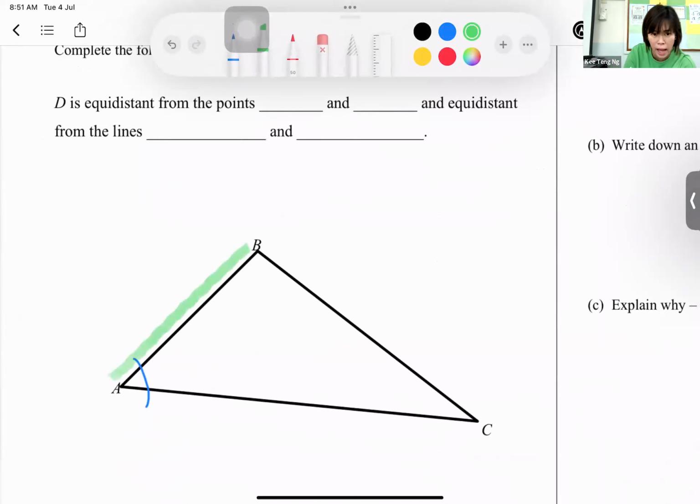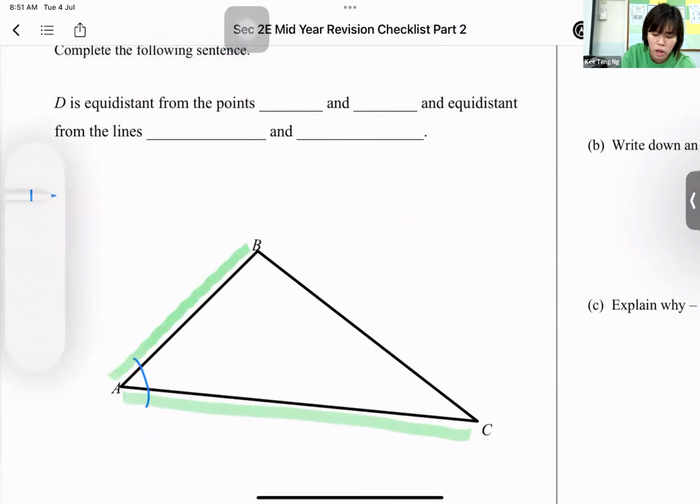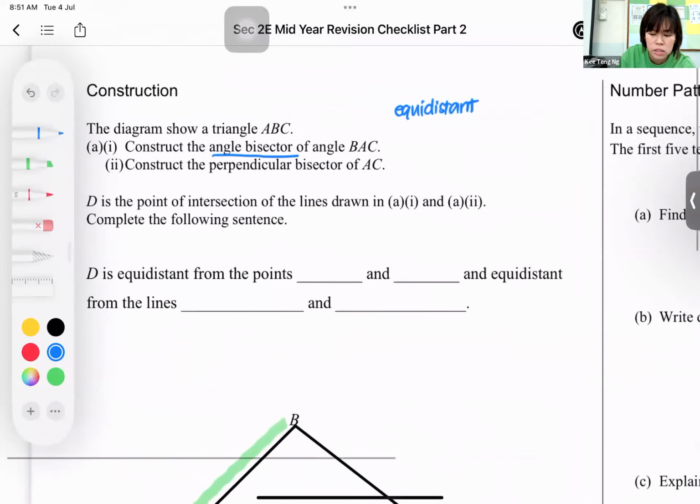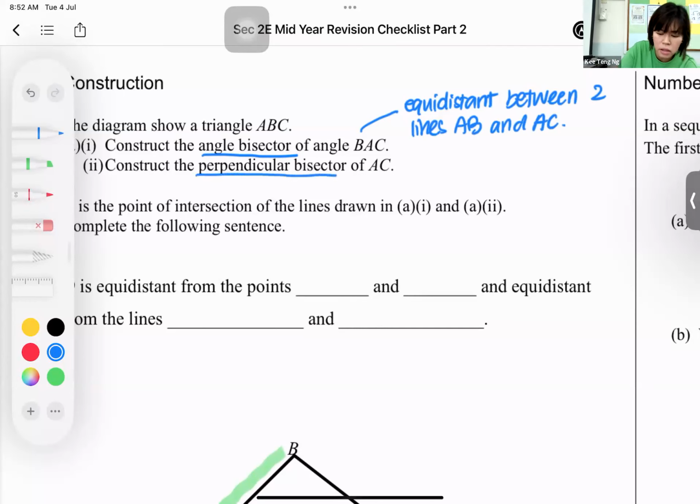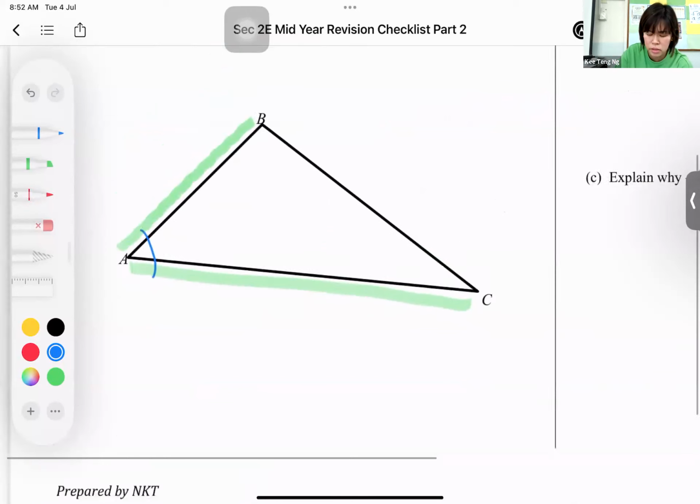It's in between the line AB and the line AC. So when you have angle bisector, it's equidistant between two lines, AB and AC.